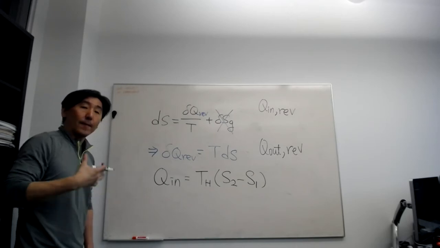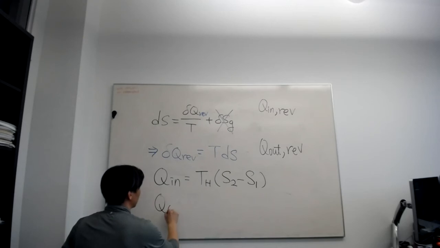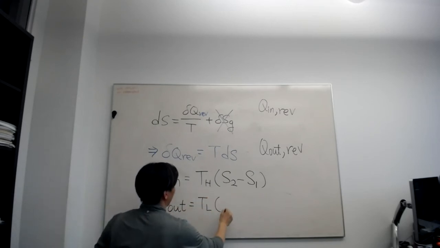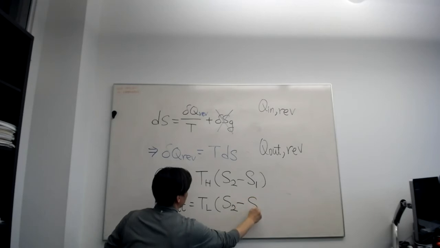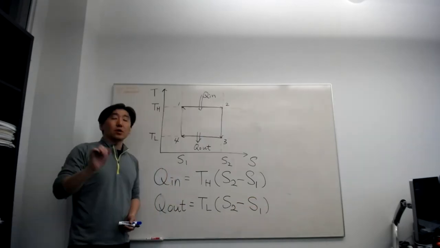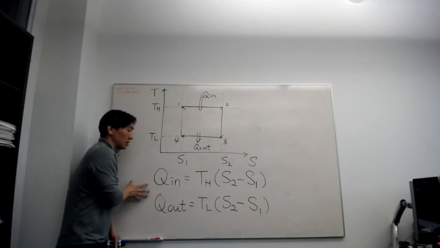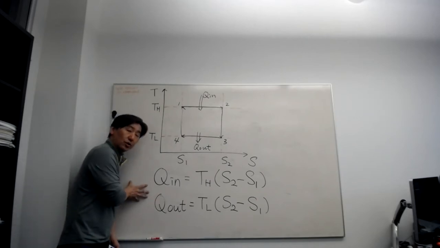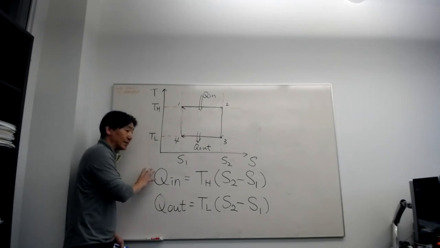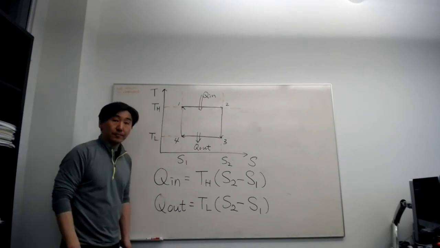The heat rejection can be written as TL times S2 minus S1. So now we have those two equations for Q in and Q out. Now how can we express those equations in a TS diagram?